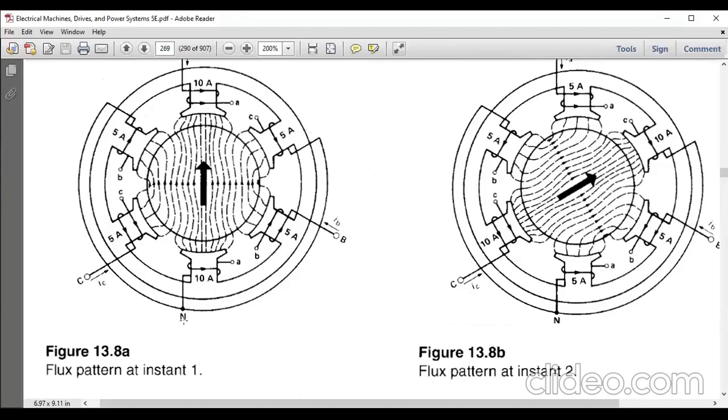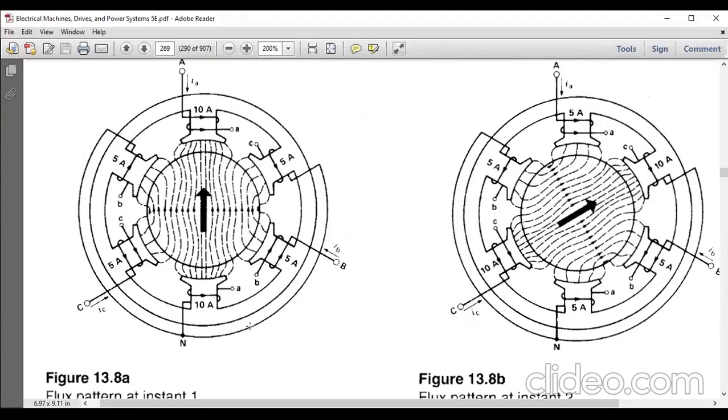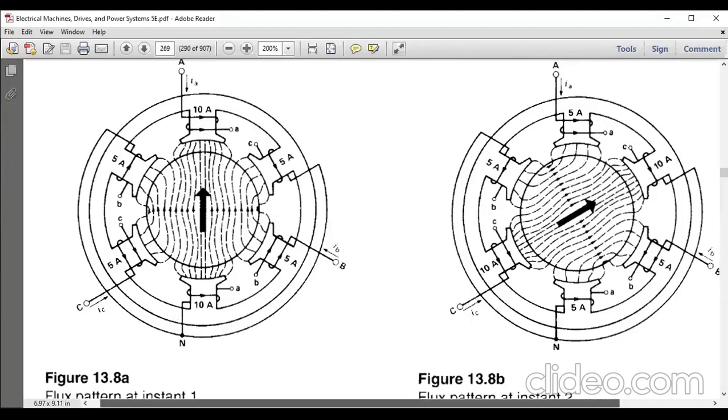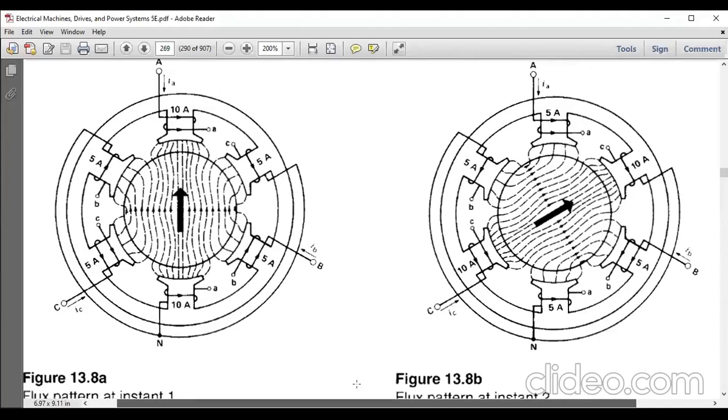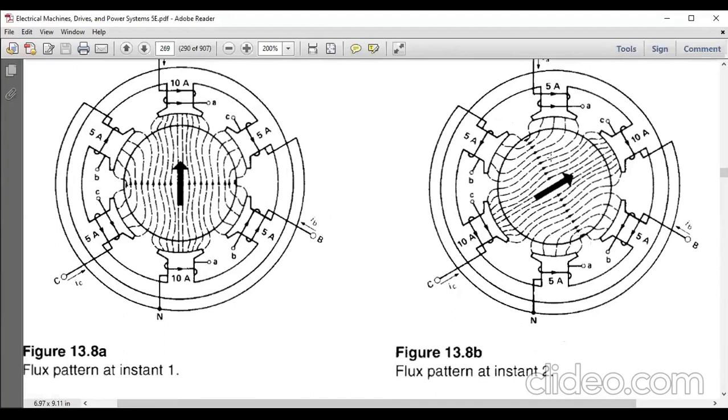So there exist, I think, triple L, triple LG. Likewise, there will be a neutral connection, neutral grounded or neutral ungrounded. That is also important when there is the concept of fault analysis. At present we need not discuss fault analysis. So this is the direction of the rotor.